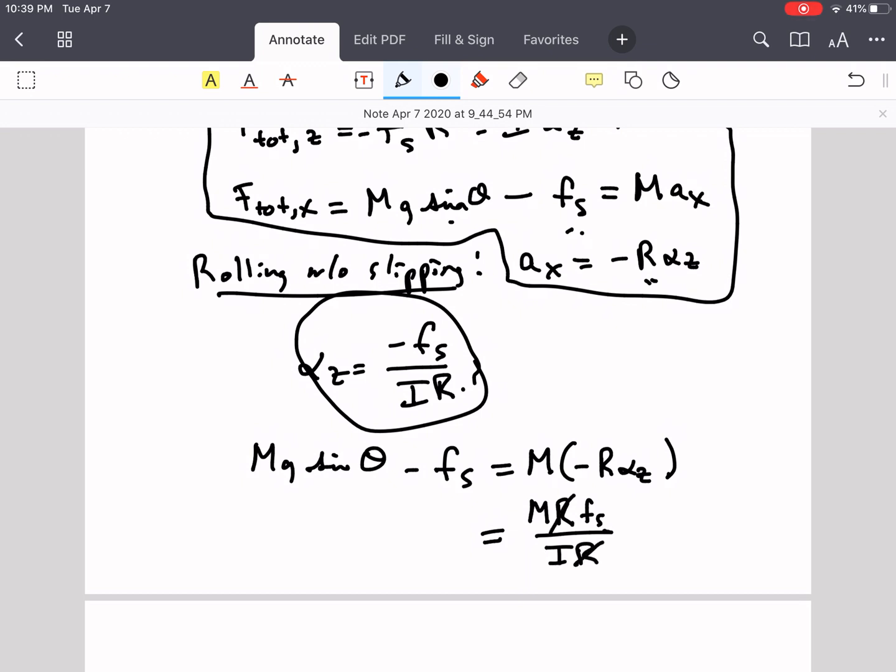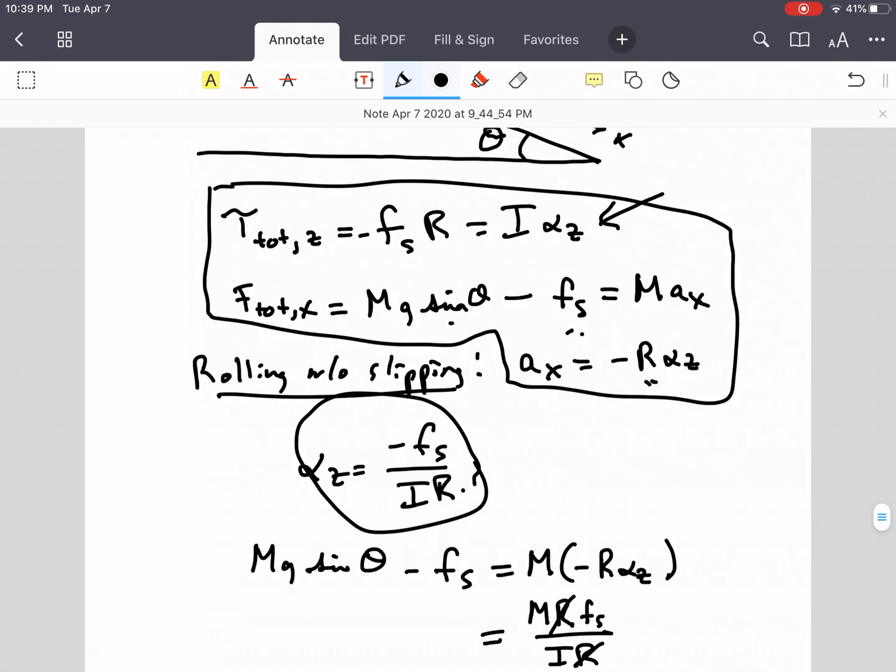The r's cancel. Ooh, I must have made a mistake here. Let's see. A is equal to r times alpha. Yeah, so alpha was Fs times r over I. So r's definitely shouldn't cancel. Sorry about that.